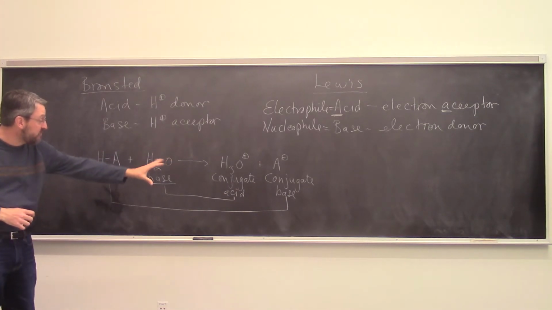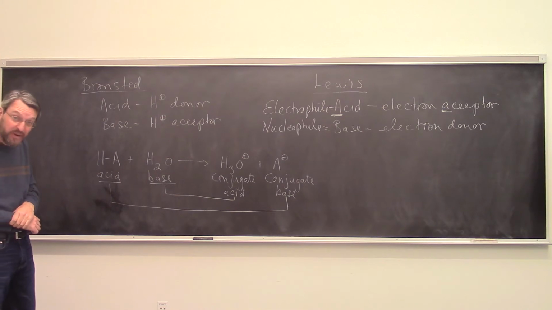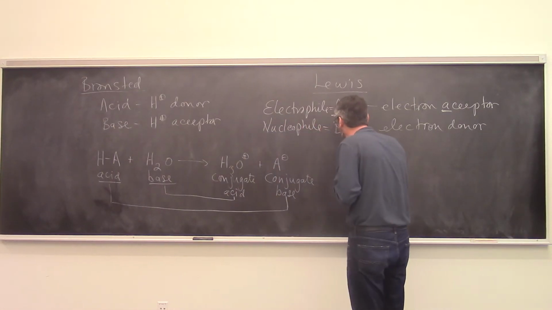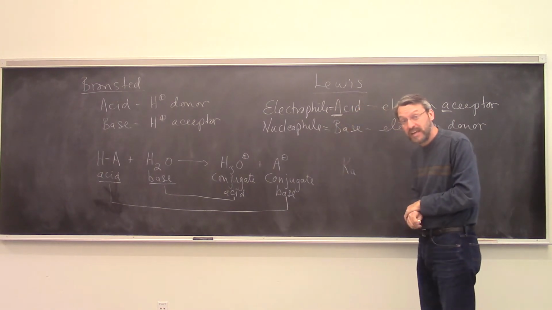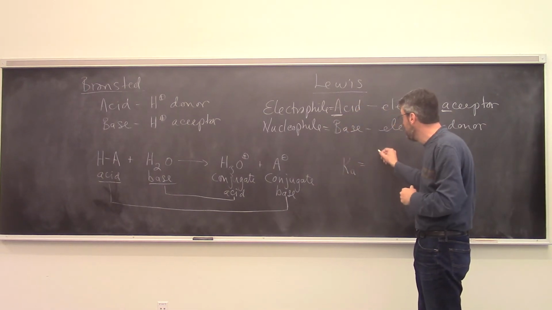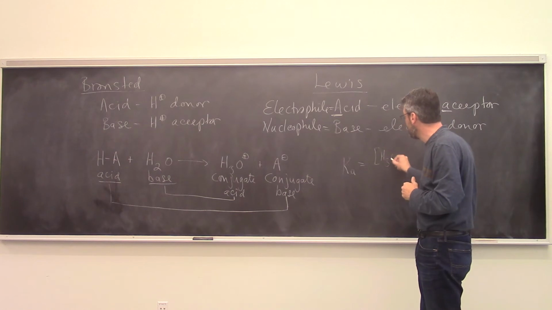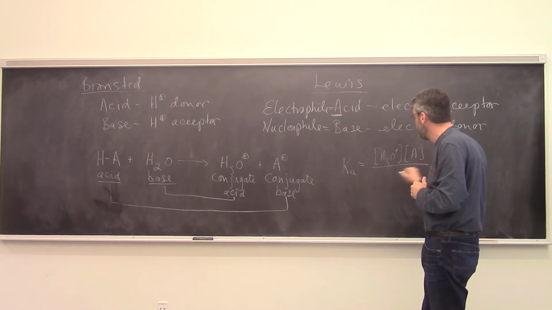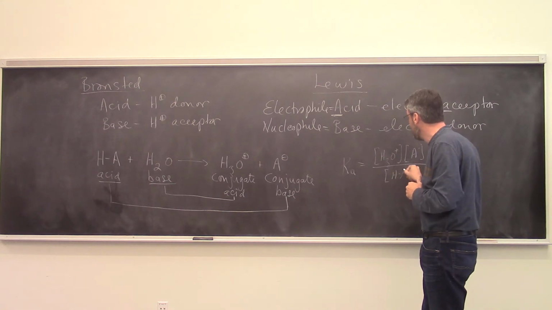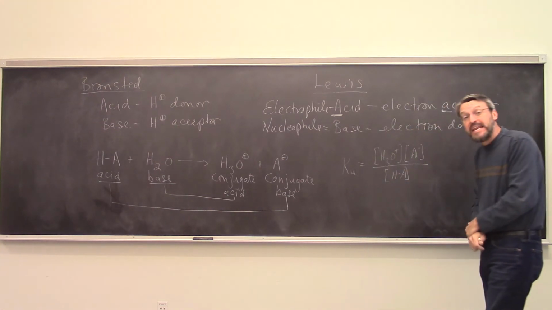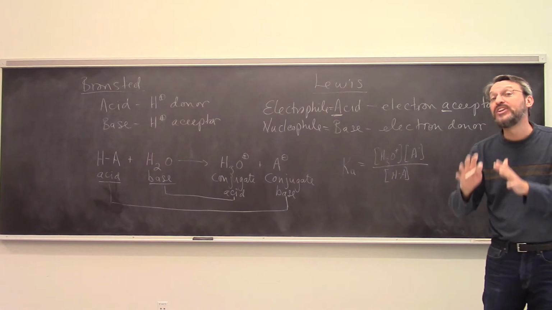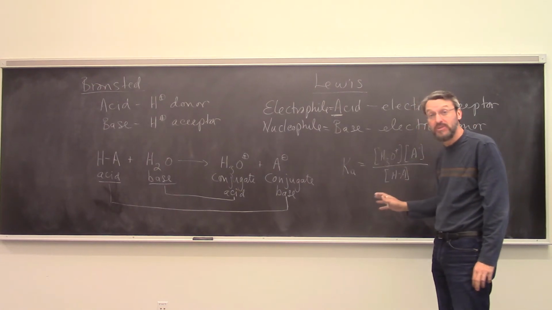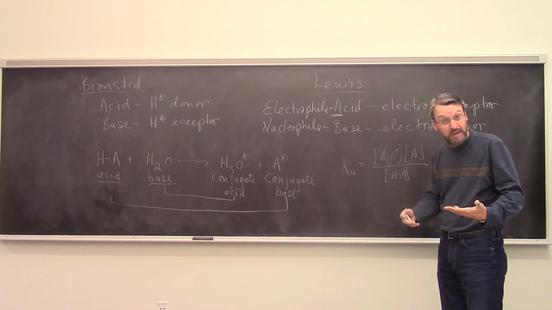Now, when you have this sort of an acid-base reaction, right, a Bronsted acid-base reaction, you can think about the Ka, the acid dissociation constant, and that would equal the concentration of H3O plus times the concentration of A minus over the concentration of the original HA acid. Okay, now we are not going to be doing any calculations with this, but just to sort of remind you how you talk about acids and bases.